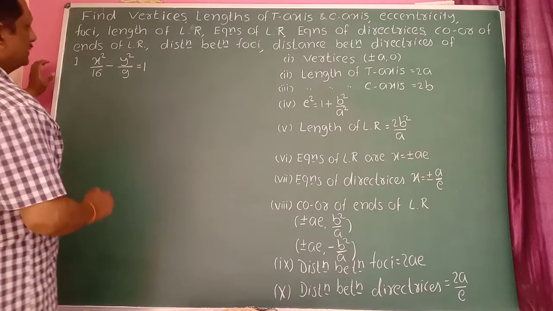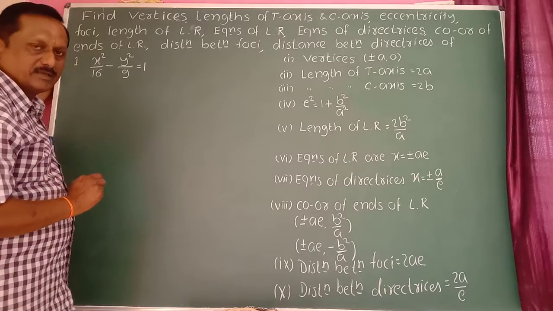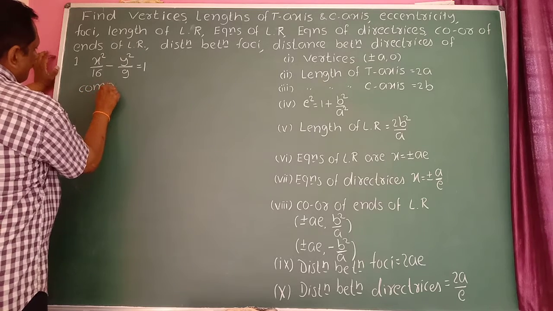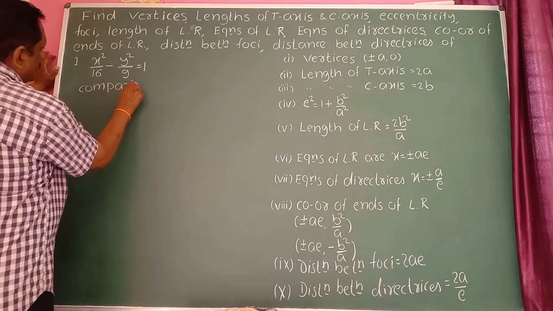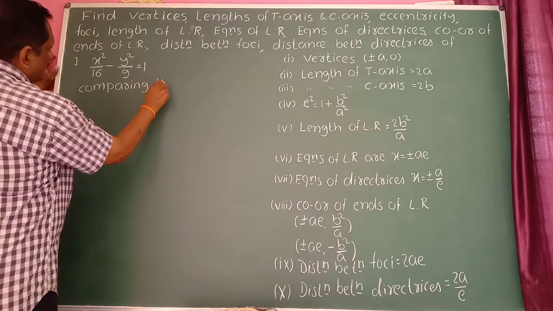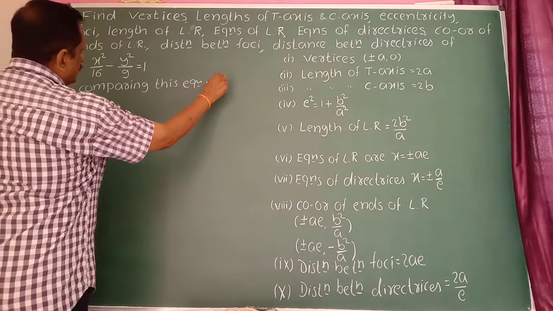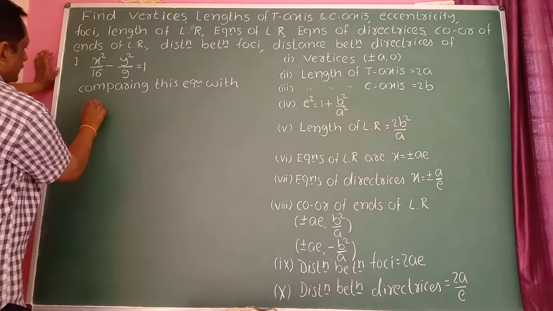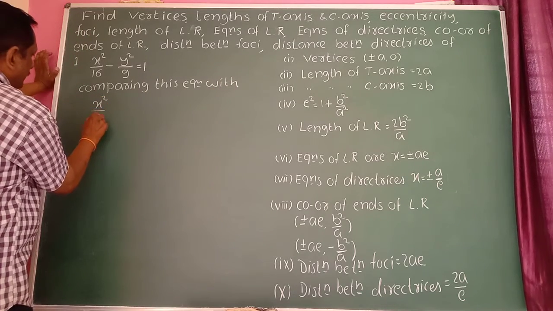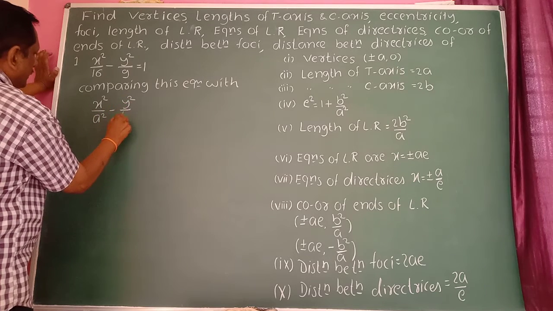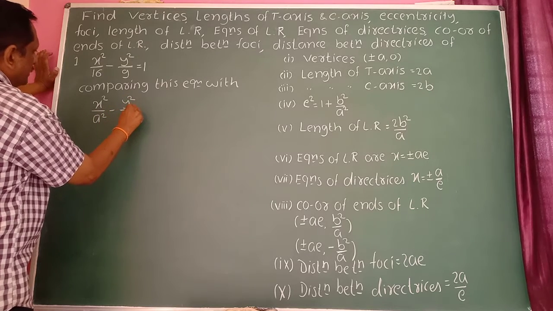Therefore, comparing this equation with the standard equation of the hyperbola, x square divided by a square minus y square divided by b square is equal to 1.